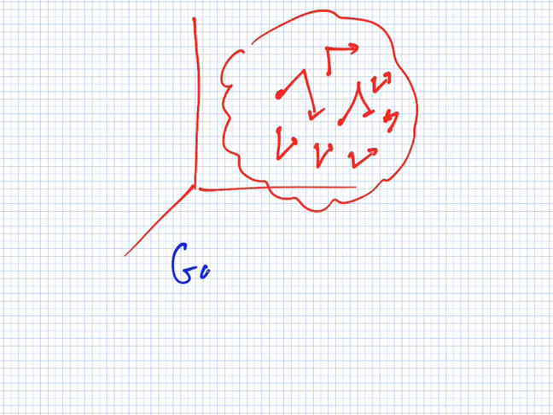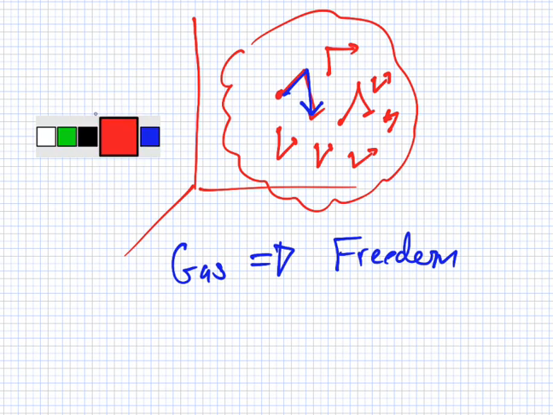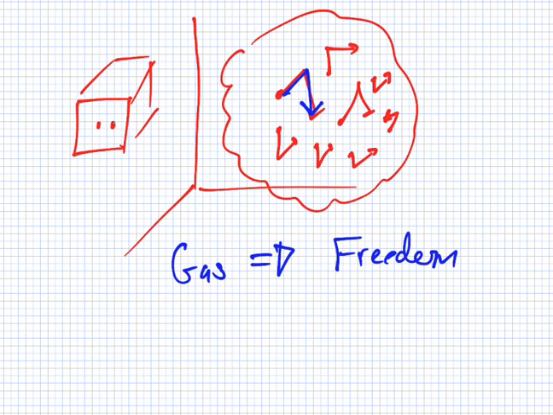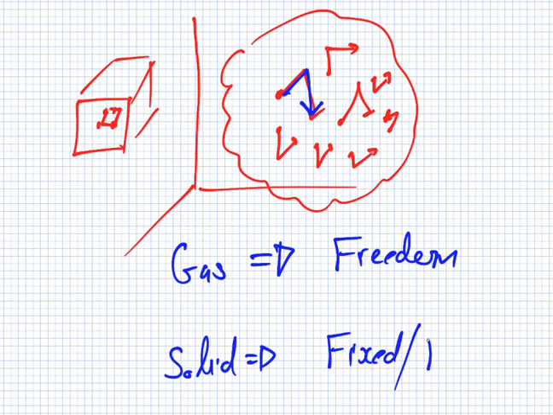So what do you think? For a gas, do we have lots of freedom? Yes. Gas, that means there's lots of freedom for the molecules to move around. But then if we have a solid, not so much freedom. They're more fixed into place, but they're still moving. So for a solid, it's roughly fixed, but with some movement, not much.